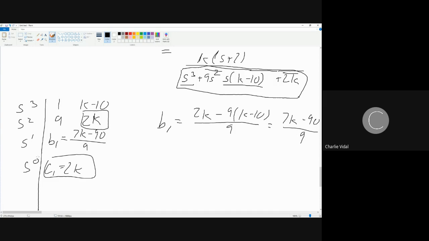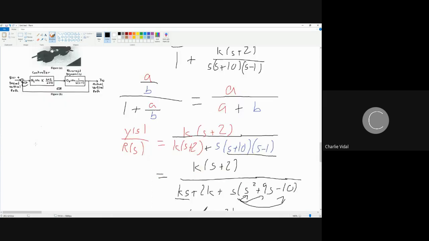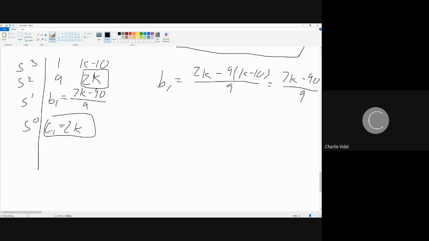So we have that. Now we can find what this question is asking for. What is it asking for? Determine the range of gain k for which the system is stable. How do we find the range of k?